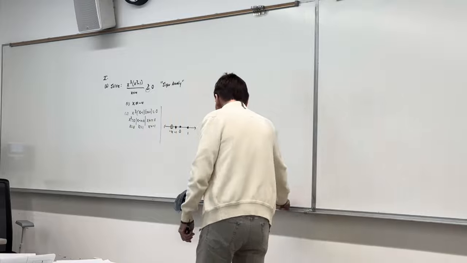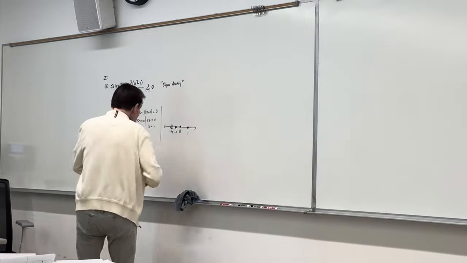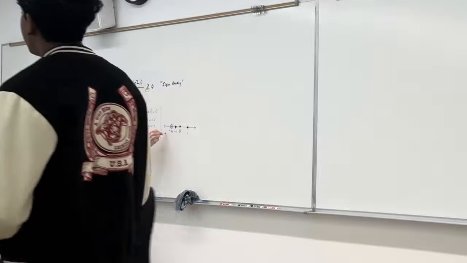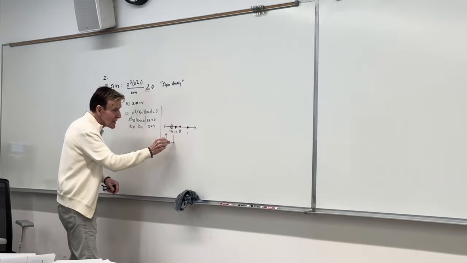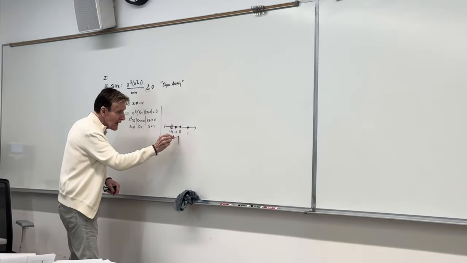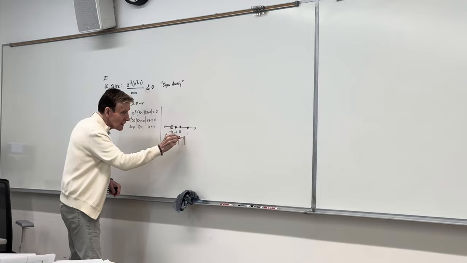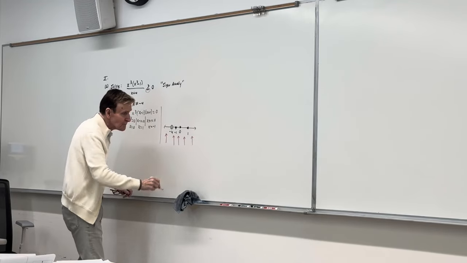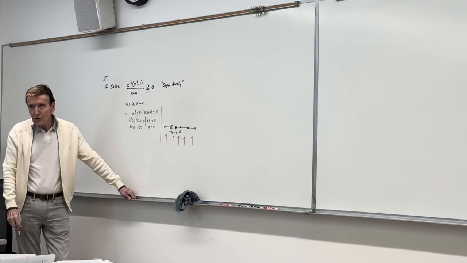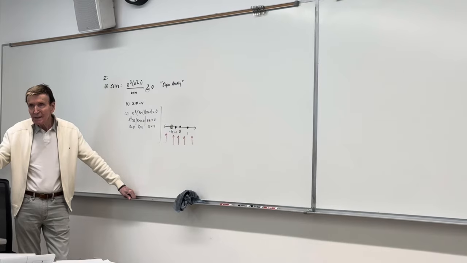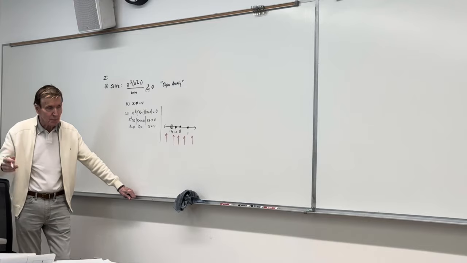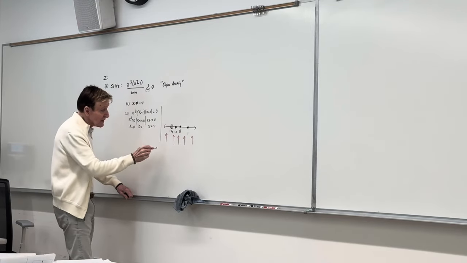Now the testing. Here we go. You have to test here, here, there, look at this mess. Here, here. You have to choose a number of your choice, test it, just like you did on that quiz last night, and see what's going to happen here. It's a little lengthy.